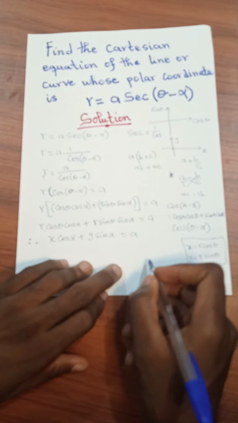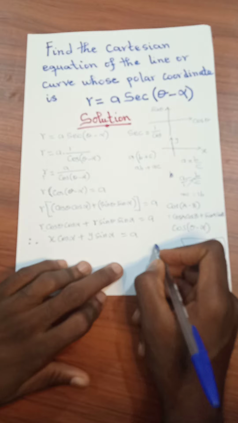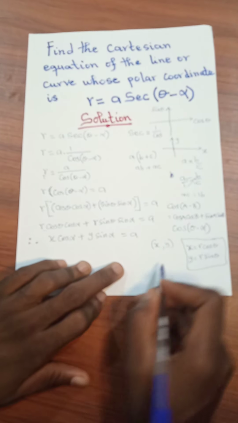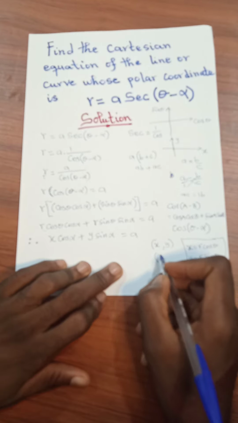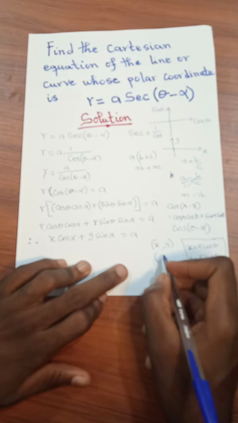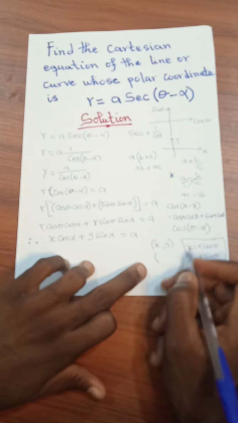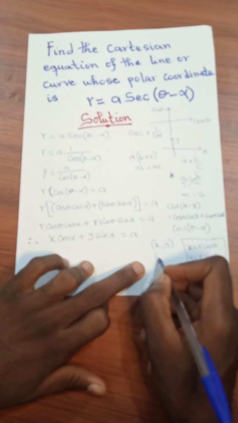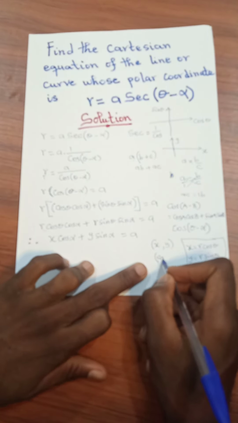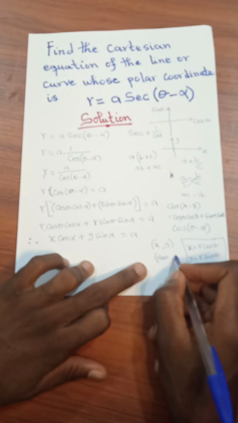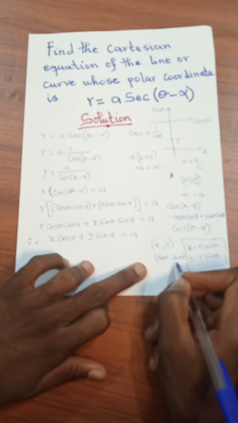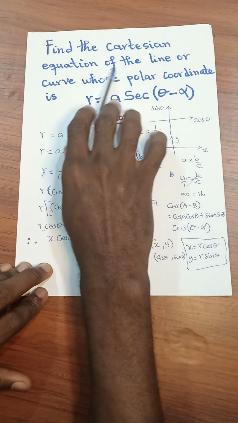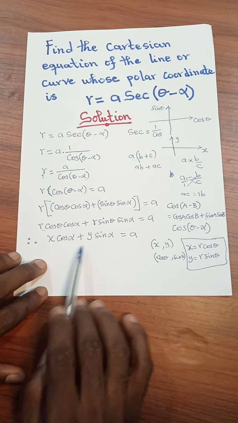Remember, when we say Cartesian form, that's x and y, the coordinate. And when we say polar form in complex numbers, we have cos theta and sine theta. These are the points, but here is an equation they wanted, so this is the equation form.